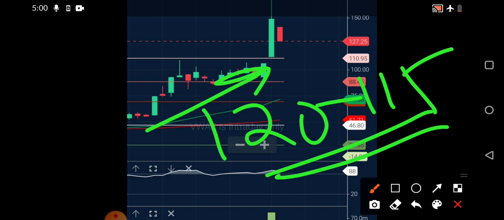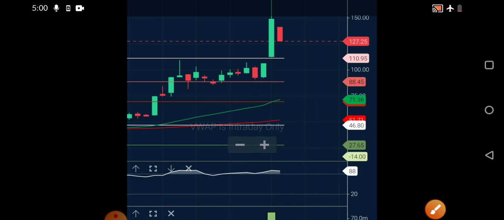Try to understand this, because based on back testing only, earlier whatever momentum Adani Power used to give and how it used to retrace, on that data itself we can see that this range of 115 and 120 is going to be very, very important. So need to focus on that.